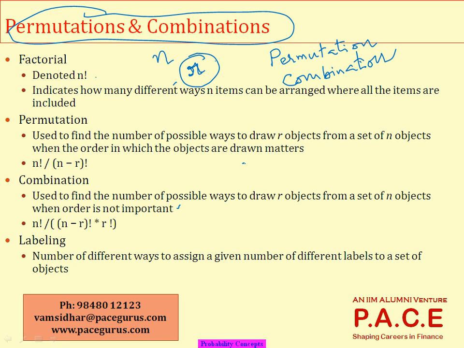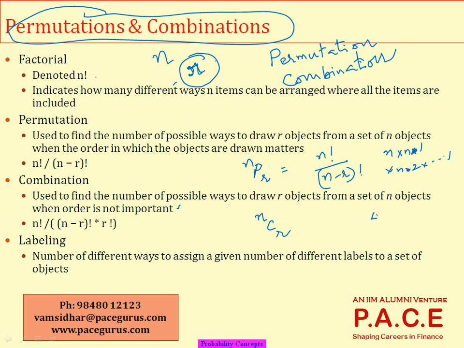So permutations are generally represented as nPr, combinations are represented as nCr. And the number of ways for a permutation is n factorial by n minus r factorial. What is this factorial? If I say n factorial, it is nothing but from n down to 1, you decrease the values and do the multiplication: n into n minus 1 into n minus 2 and so on up to 1.